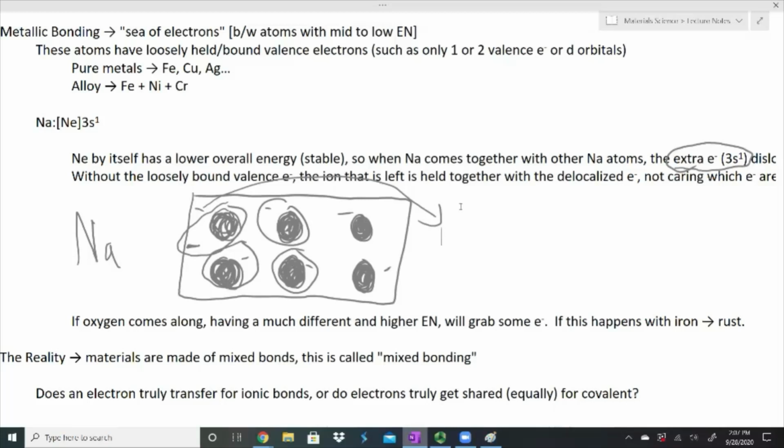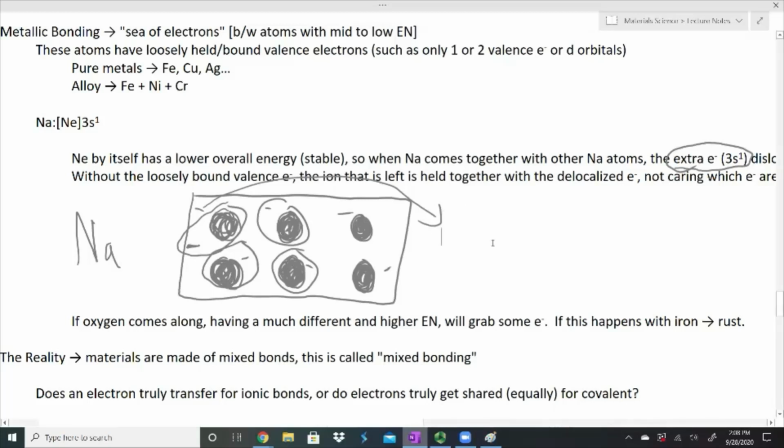We have covalent, where 2 of them are unwilling to give something up, so they share. And then we have metallic bonding, where as long as there is the right number of electrons around them, they don't care where those electrons come from. They're loosely bound and they're perfectly okay to come and go and change as needed.